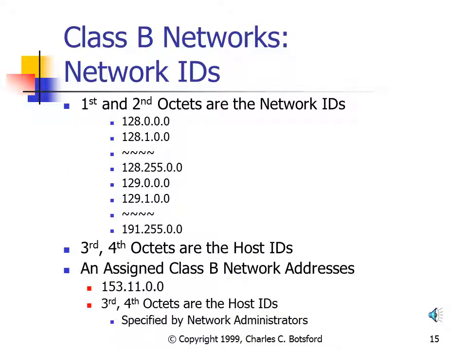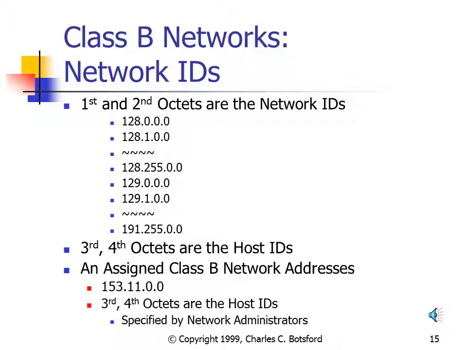Remember, according to the IP specification, a Class B network is a network in which the first 2 octets are the network ID and the last 2 octets are the host ID. The first one would start with 128.0 as a network ID, and then the last 2 octets would be available for host IDs.